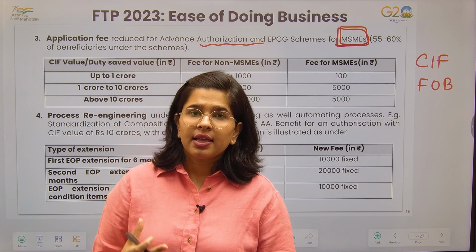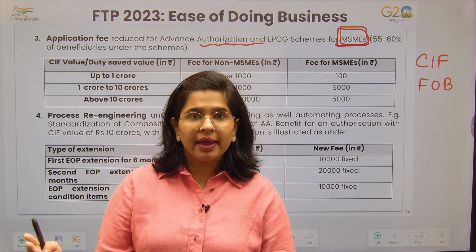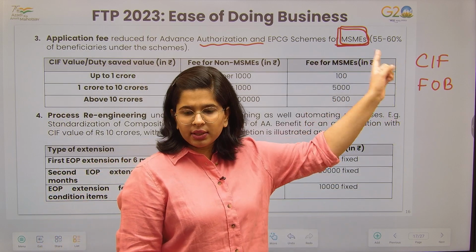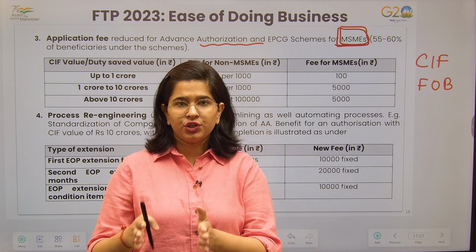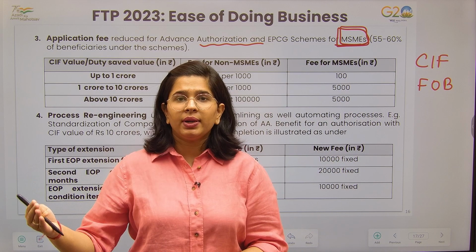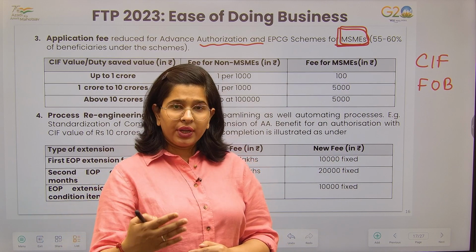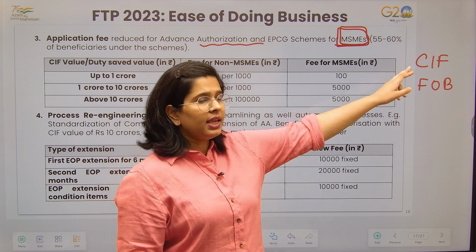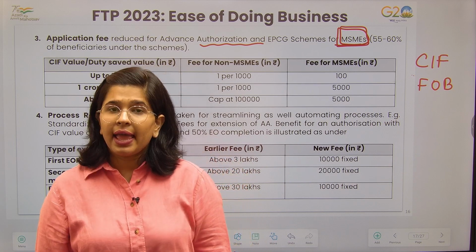CIF means when the seller is exporting to the buyer on the CIF value. CIF value means cost, insurance, freight. That means all of this is the obligation of the seller, until the goods have reached the buyer. So this is called the CIF value of the goods exported.